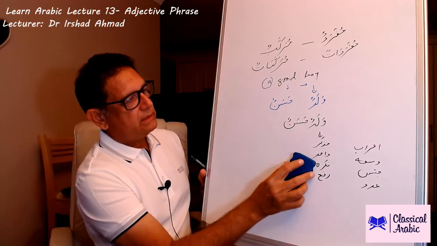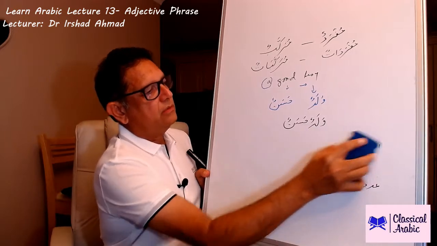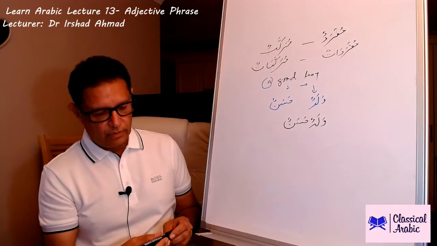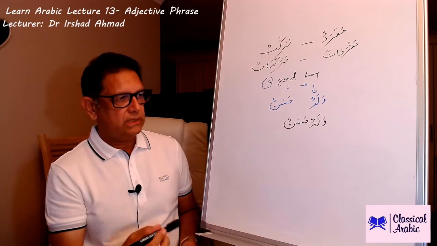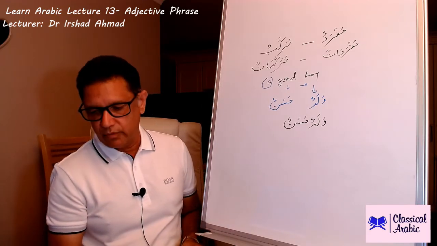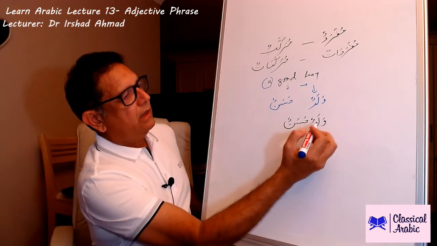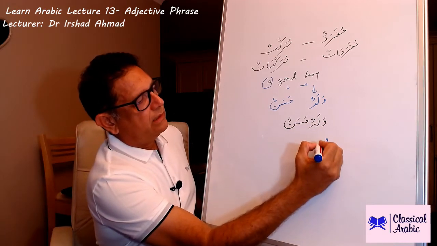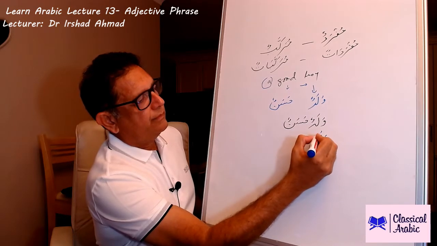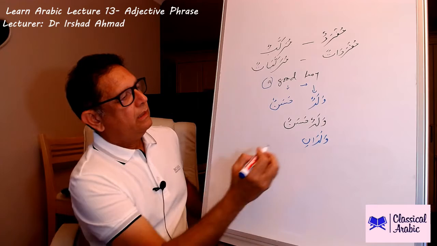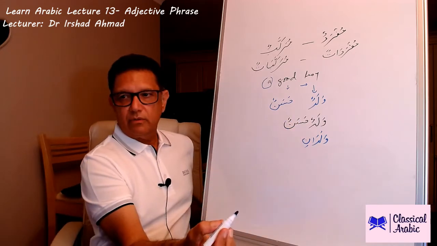Let us make this dual. So now we want to say two good boys, any two good boys. Let's keep it indefinite, any two good boys. And we are going to say in Arabic, from waladun it will become waladani, two boys, and sifa now has to follow mawsoof.